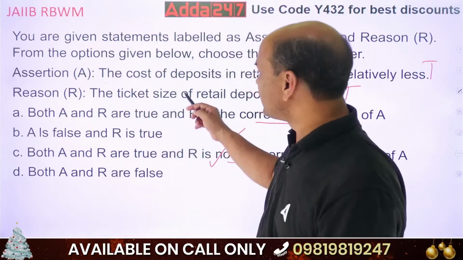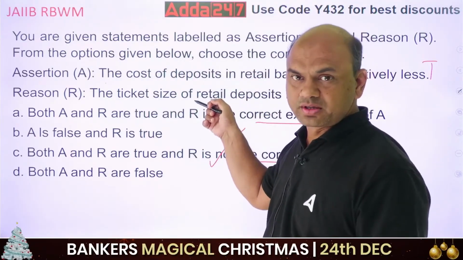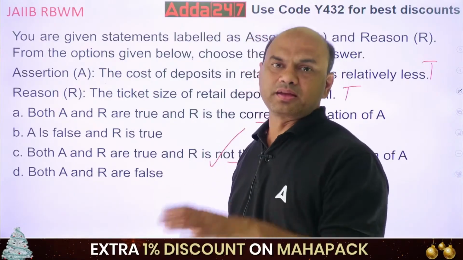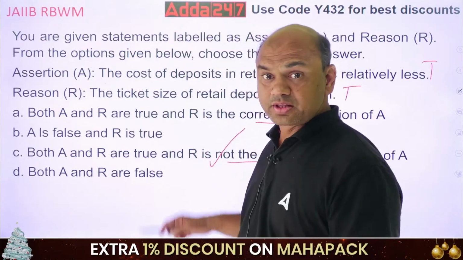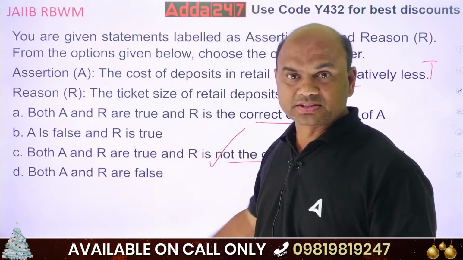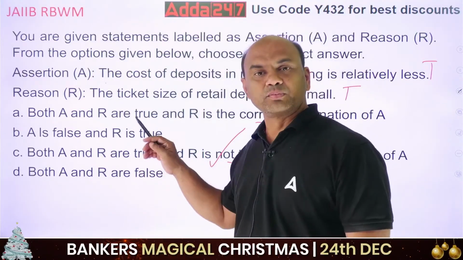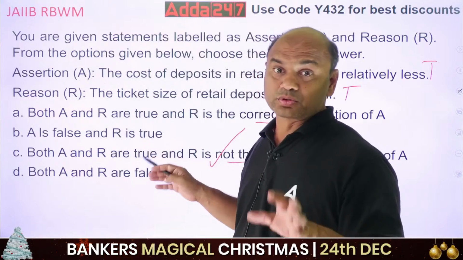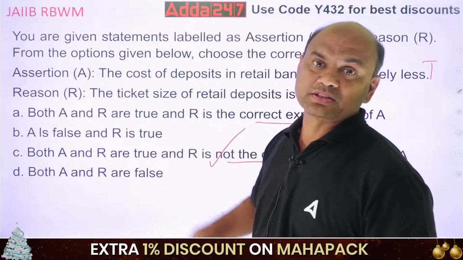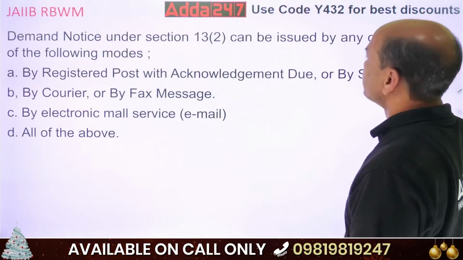Because if R was to be the real explanation, it should have been: the CASA deposit is more in the bank. Then it would give you the logic that CASA is more, so your cost of deposits is less. So the real point is both are true, pay attention, but R is not the correct explanation of A.